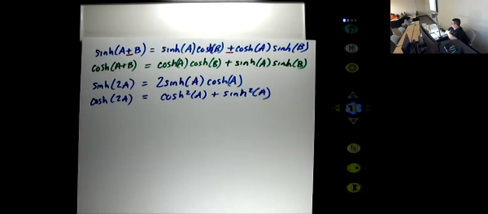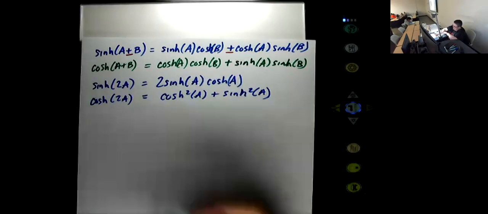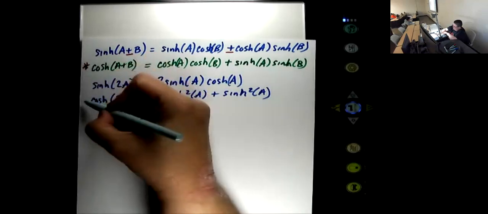That one's a little different than the normal one. The normal one with cosine of 2a is cosine squared minus sine squared. So the two cosine ones are slightly different than the originals, so I'm making note of that.